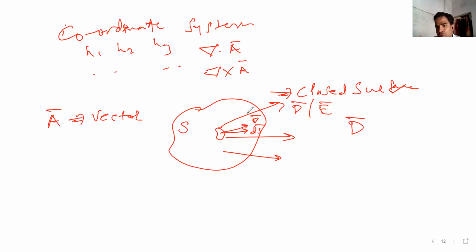So how do we get the total outward quantity? We take a dot product of D bar and dS bar, right?